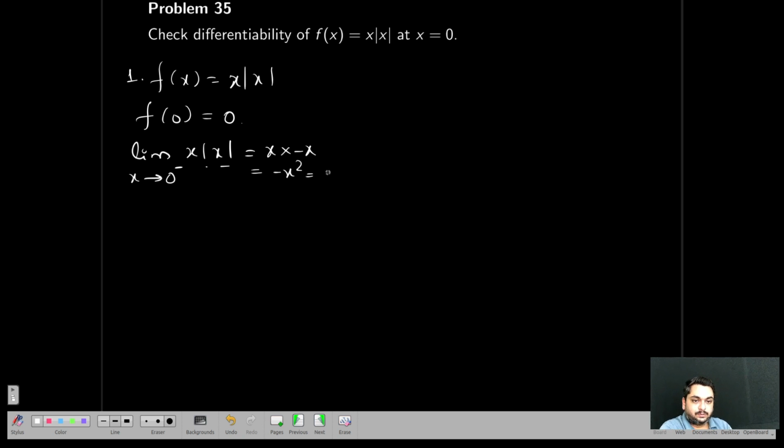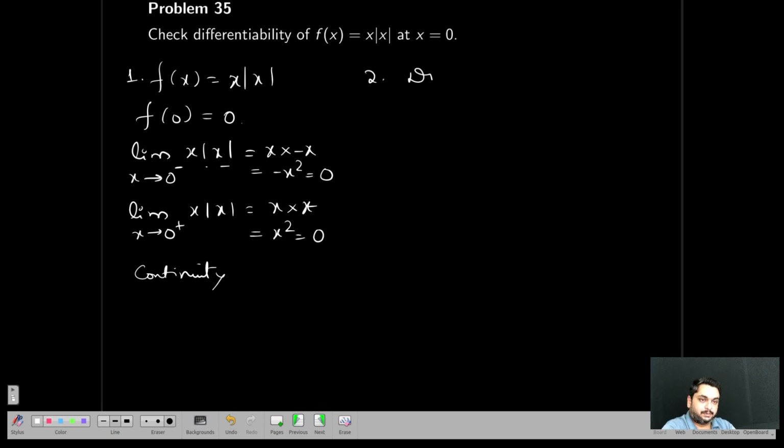So this is equal to 0, because if I put 0 it will be 0. For the limit from the right hand side, x into mod x, where mod x will be x because it is positive on the right hand side, will be x square, therefore it is equal to 0. So there is continuity; the curve is continuous.